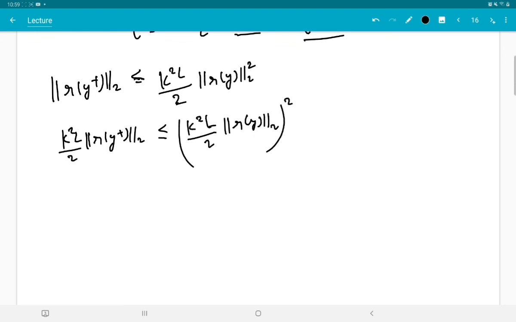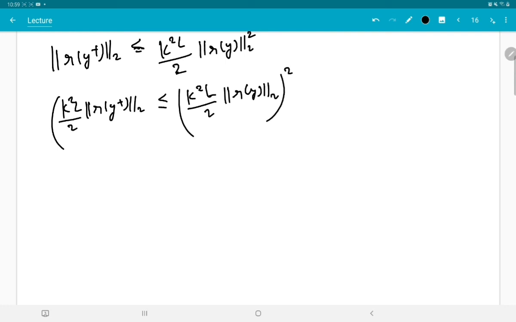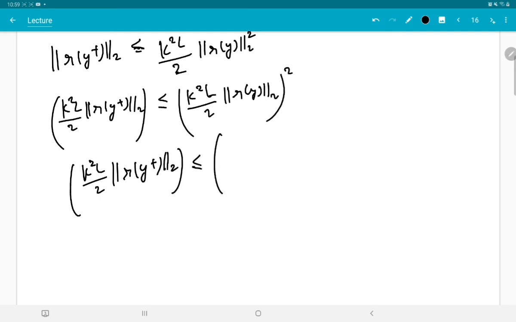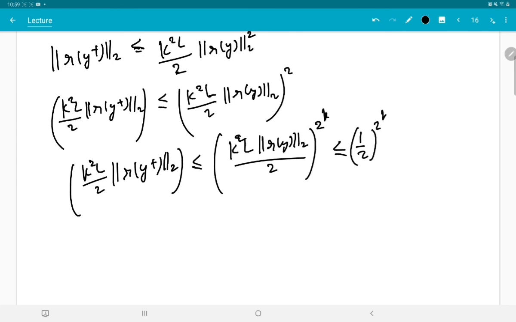This is for one update. So for k updates, we have this term less than or equal to k square L ry by 2 to the 2 to the k, and since we have ry, the norm of residue, less than or equal to 1 by k square L, this is less than or equal to 1 over 2 to the 2 to the k.